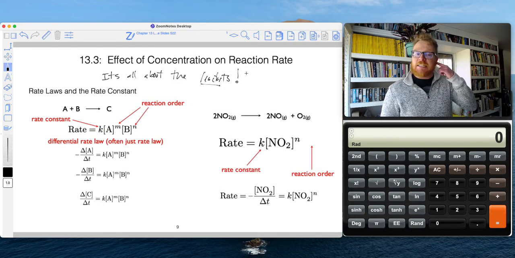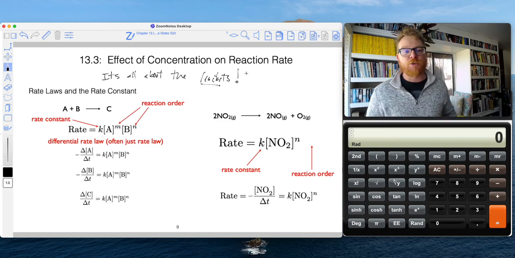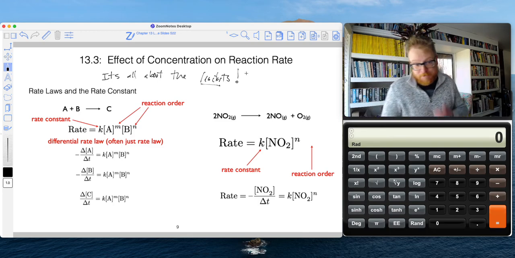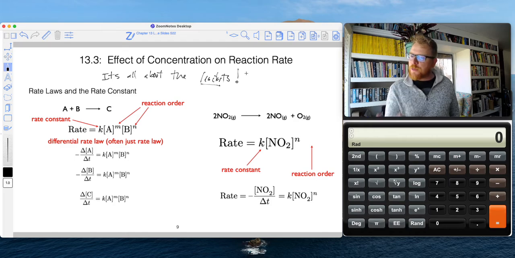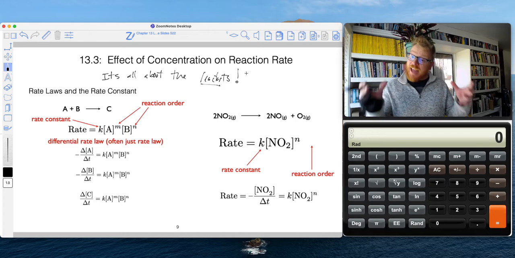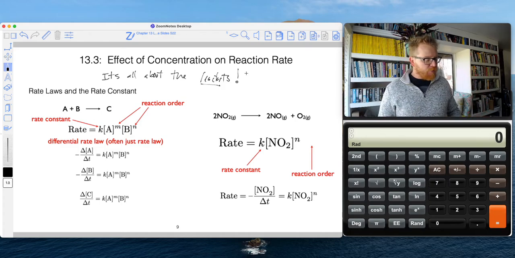Kinetics is extremely difficult to do theoretically. It is an experimental science, which is why I love it, because I love being in the lab and doing experiments. And because it's an experimental effect, if we have a reaction, we typically only have reactants when we start. So we base our kinetics on the reactants.